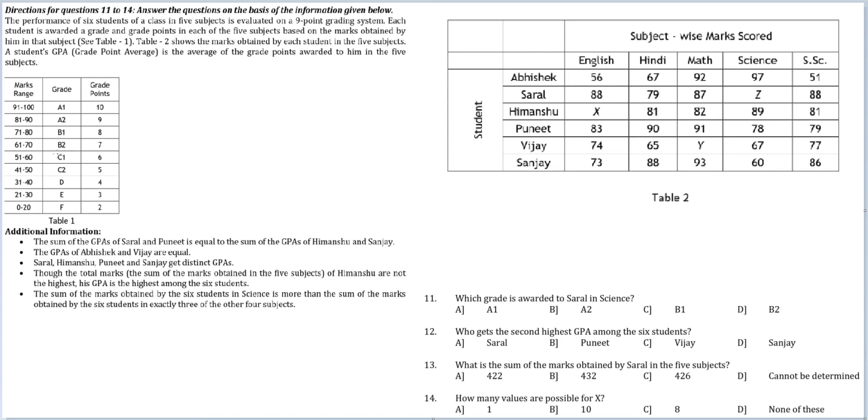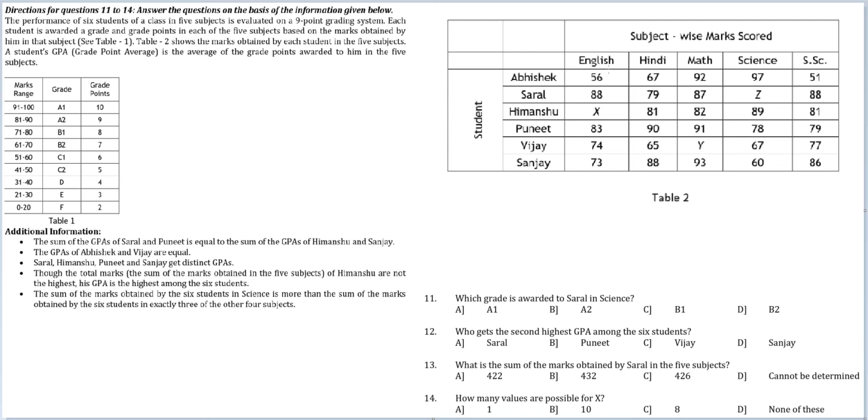Okay, so we have these grade points that are assigned to every individual range of marks, and then we have these marks here for these candidates. The first thing that I'm tempted to do is write down the grade points for all these spots here. Let's do that quickly.